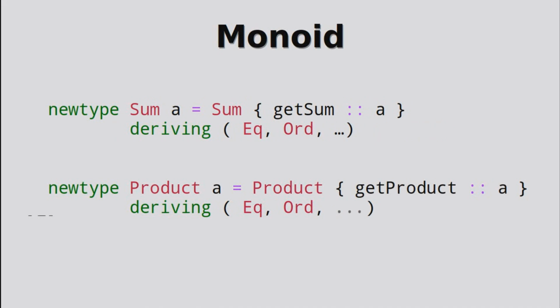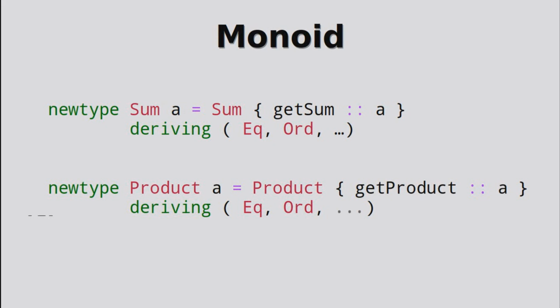Well, in this case, we could do a little trick where we define new types for sums and products. So in this case, we have a sum with a getSum function that simply returns the sum, and then we have a product. They are deriving a few classes here that I just didn't bother writing down.